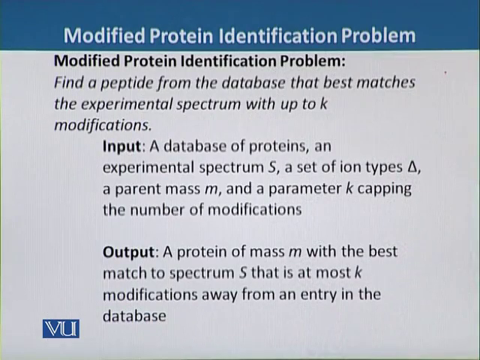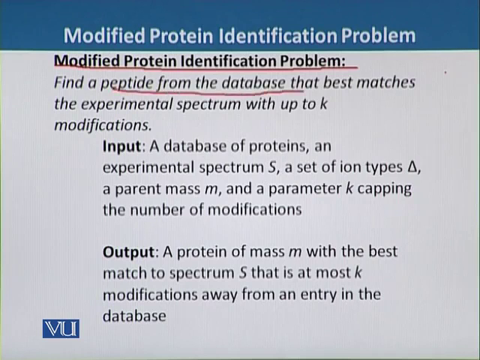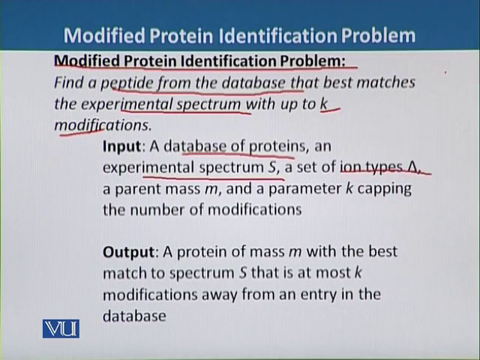So by using this approach, we can address the modified protein identification problem. If we want to find a peptide from a database that best matches the experimental spectrum with up to k modifications, then the input of the algorithm will be a database of proteins, meaning the modified databases of proteins, and the experimental spectrum generated after the experiment on the mass spectrometer, a set of ion types delta, a parent mass M, and a parameter k capping the number of modifications.